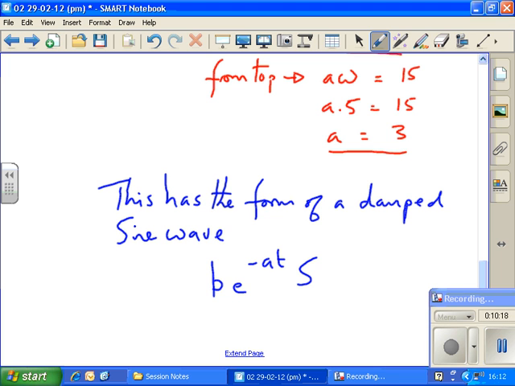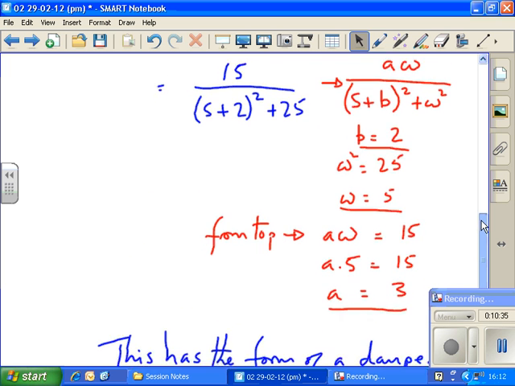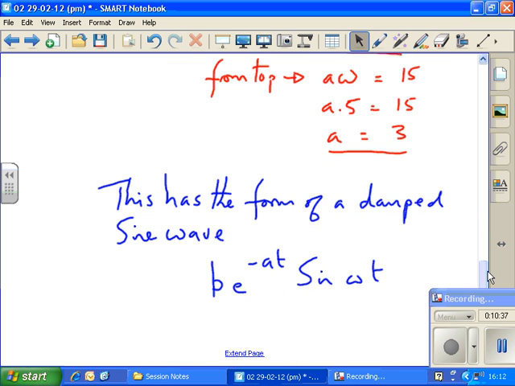Now I'm probably going to confuse my symbols here, because I swapped them round. So I think I might have messed up here. Yeah, minus BT, not AT. I think I've got these the other way around, so that will be A and B.